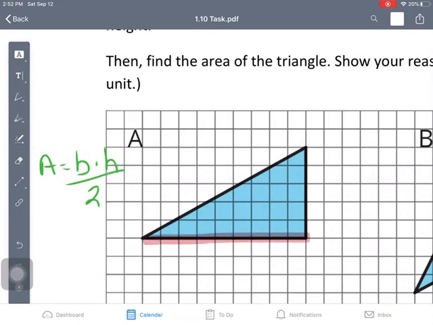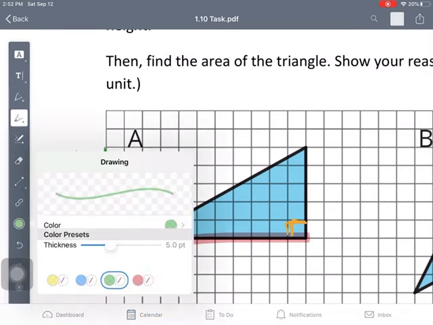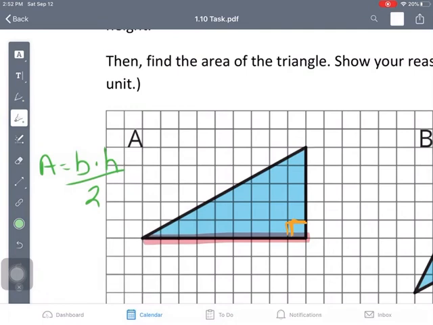I already see that since it's on the grid, it gives me that nice right angle right here. So I can use that line as my height. So for the value for my base, I'm just going to count it out since it's on the grid. 1, 2, 3, 4, 5, 6, 7, 8, 9. So base of 9 and my height.